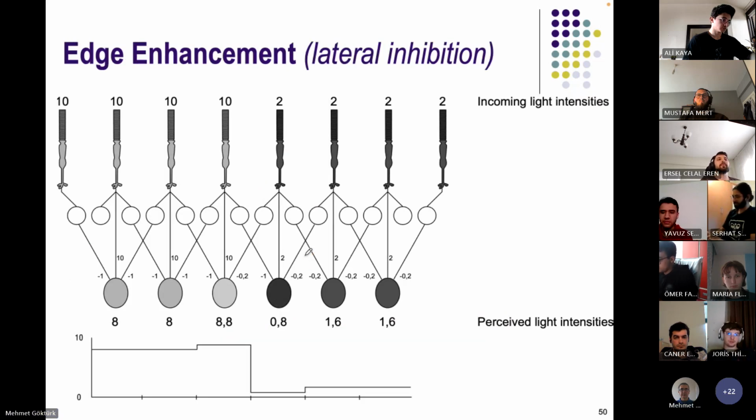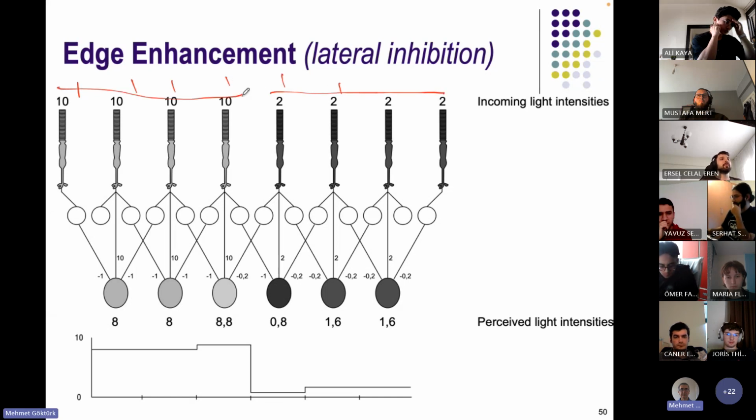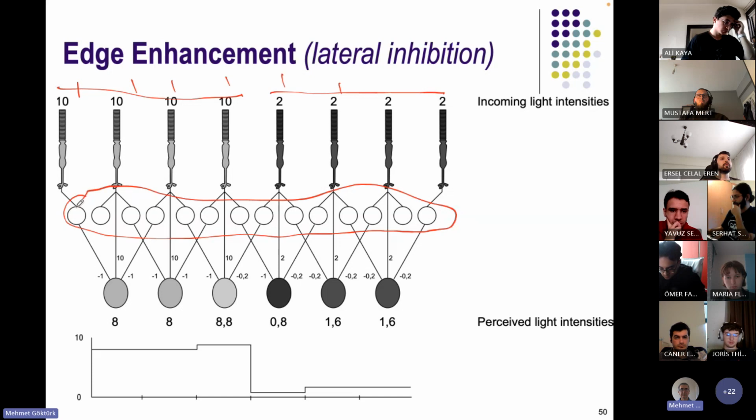One of the things that is quite interesting is the edge enhancement. These are the cells that are affected by certain signals. This part is dark, this part is bright. So these are the cells that are getting, and there are processing cells connected to. It is like a simple neural network. And most of you are familiar with neural networks because of the artificial intelligence classes you are taking.